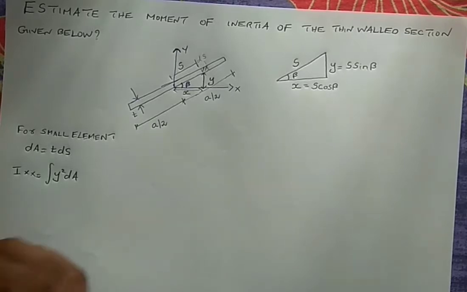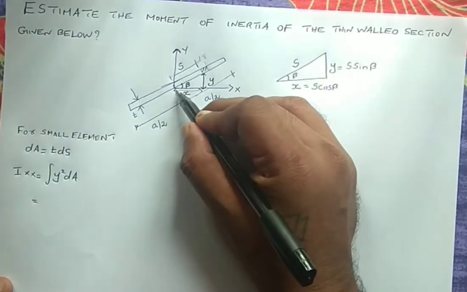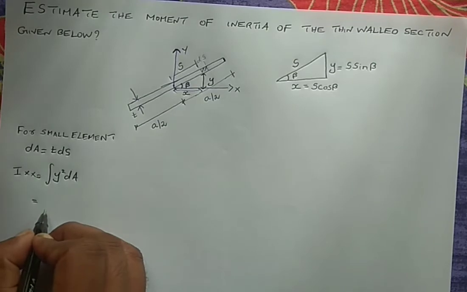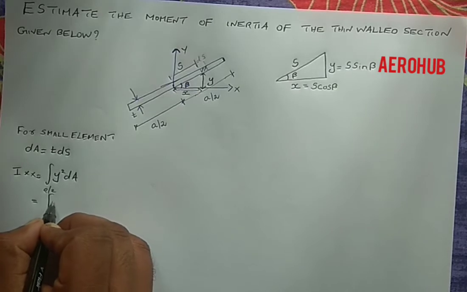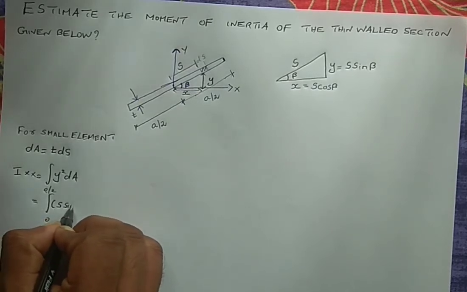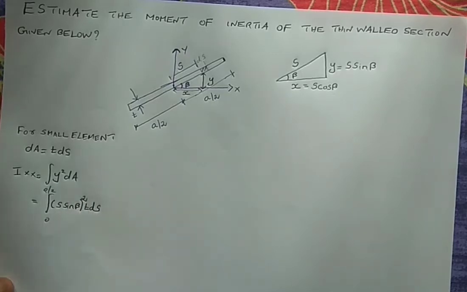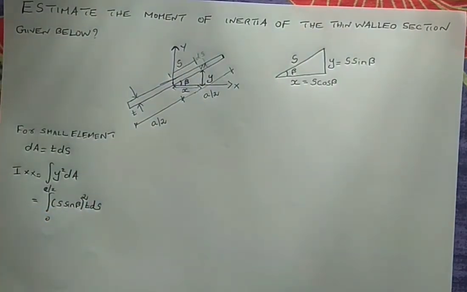We integrate from 0 to a by 2, because the element is moving from the center to the extreme point. The value of y is s sin beta from the geometry, and dA is T ds. With the square, it will be the integral from 0 to a by 2 of s square sine square beta T ds.